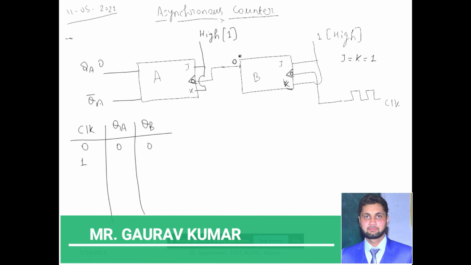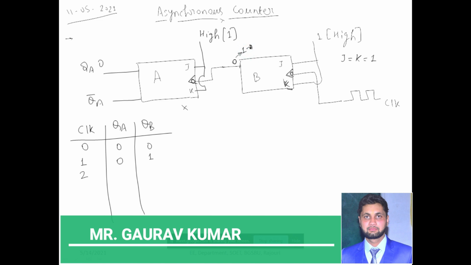When J and K are 1, it will toggle, and QA, QB... this is again 0 because it is not triggered. It will be triggered when this is 0, but it is 1, so it is not triggered, so this is 0. Now apply the second clock pulse.